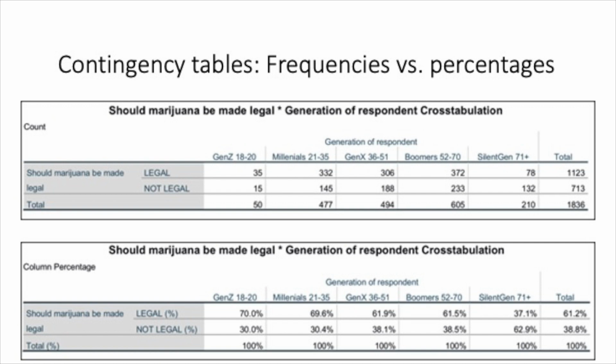So we have, for Gen Z again, the number of cases are 35 for legal, 15 for not legal. If we change that into a percentage, we have 70% legal, 30% not legal. So it's just converting these number of cases into percentages that are totaled by column.